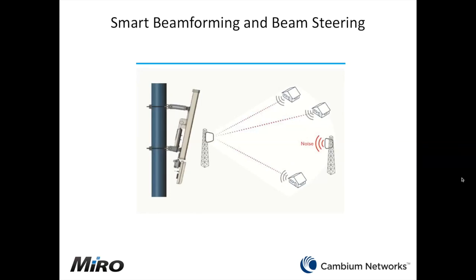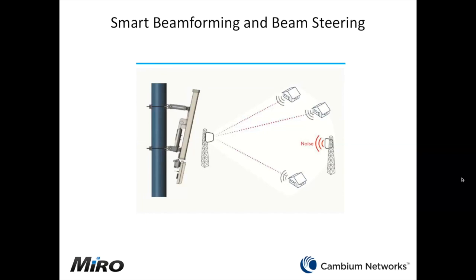Smart beamforming and beam steering. This is a unique technology that is supported by 802.11ac Wave 2 as a standard. But furthermore, to refine this technology, Cambium have a smart beamforming component that attaches to the bottom of your antenna. If you look at the image on the left there, you've got your main 90-degree sector antenna with your EPMP 3000 clipped on at the back. And then right underneath that, you've got a smart beamforming component.